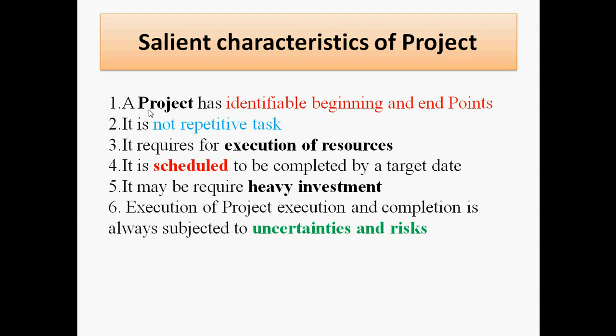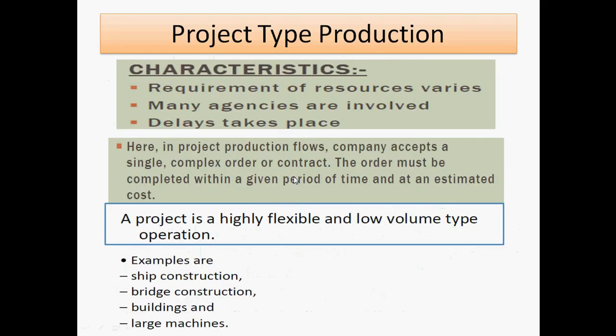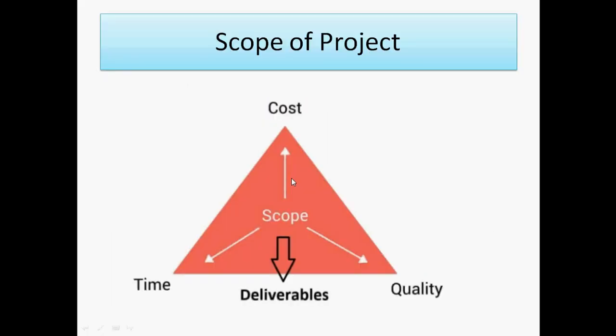Uncertainties mean whether it happens or not. Because we are going for alternatives, trial and error, that's why there are uncertainties and risk. So that is about the project. If you go for these projects, these are the challenges we are facing. So that is what project type production is.